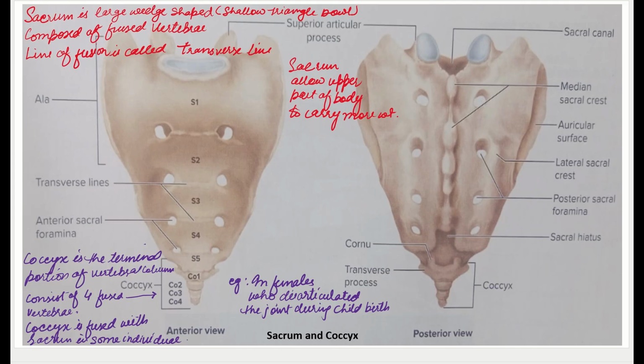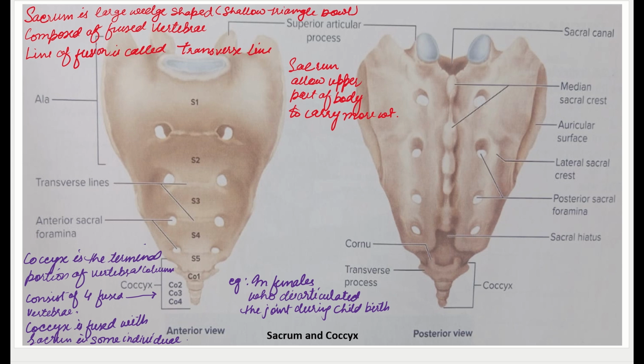The last 2 parts of the vertebral column are the sacrum and the coccyx. The sacrum is large and wedge shaped, looks like a shallow triangular bowl, and is composed of fused vertebrae. The lines of fusion are called the transverse lines. Here the sacrum allows the upper part of the body to carry more weight.